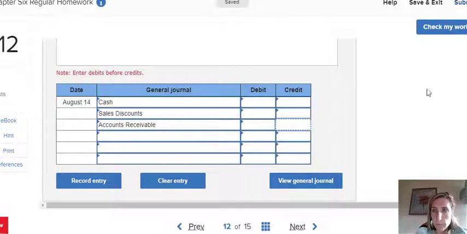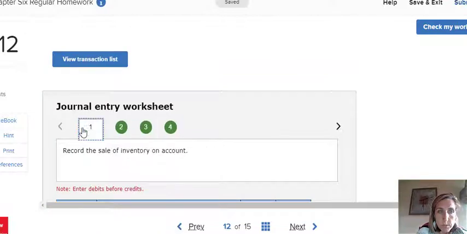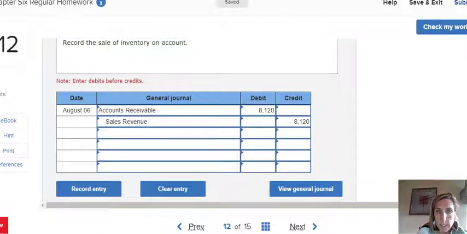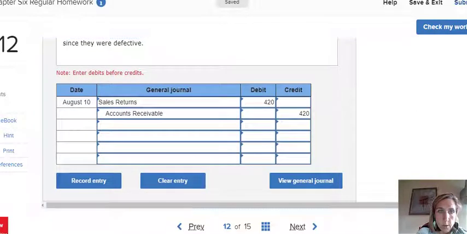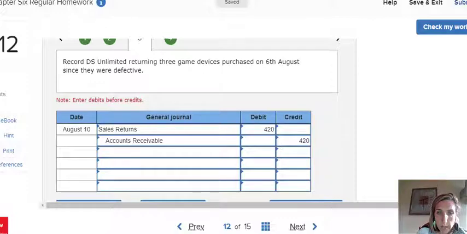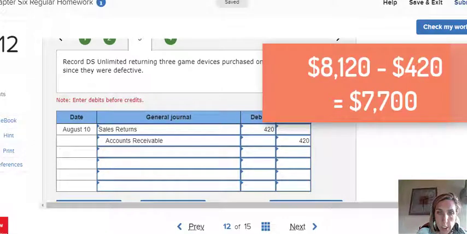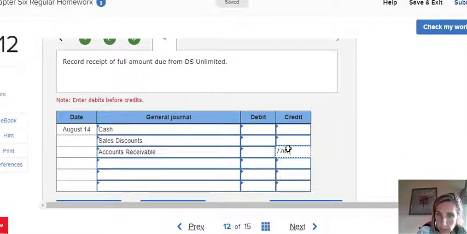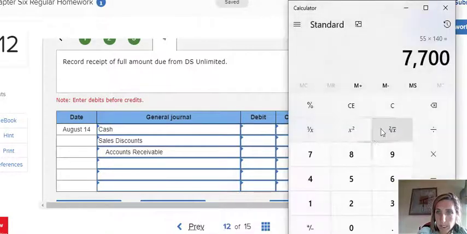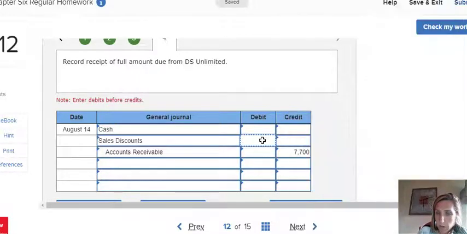So if you look at the first transaction and how much you debited accounts receivable for, which mine was $8,120, and then the third transaction I credited for $420, so 8,120 minus 420 is the 7,700 that is owed to me, but I'm not going to receive all of that. There will be a discount on my problem, it said, of 2%. So the sales discount is $154 on mine.